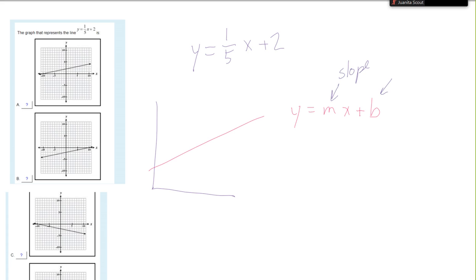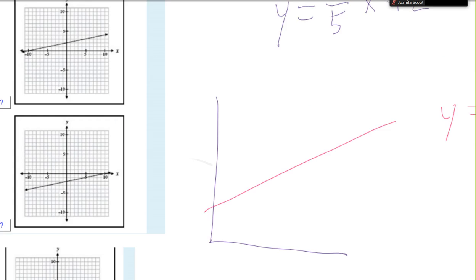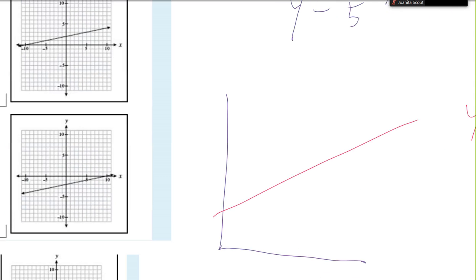B tells us the y-intercept. So if you add a number to your answer, it's going to move it up higher than it would be if this was 0, right? Or lower. If it was a negative number, it's going to move the graph down. And so our y-intercept, if you notice on this one, or these ones, y-intercept is where it goes through the y-axis.